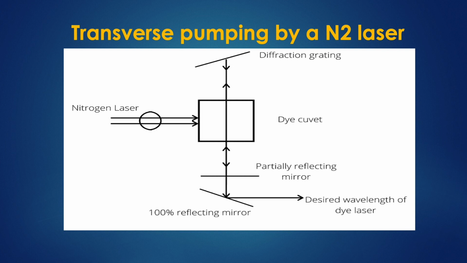Then that particular wavelength is fed back to the population inverted media, and then it will go to the partially reflecting mirror, then it comes back. So, 451 nanometer stimulated photons will go back and forth a few hundred times, and eventually when there are plenty of them, they will all get reflected in the 100% reflecting mirror, which will take the dye laser wavelength out. This is the geometry of a transverse pumped nitrogen laser pumped dye solution laser.